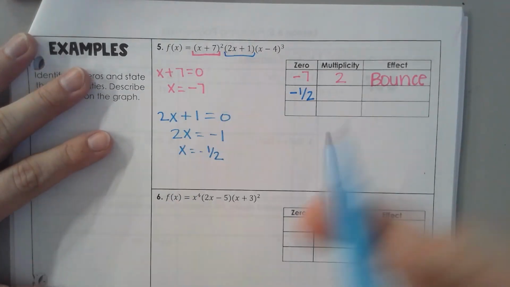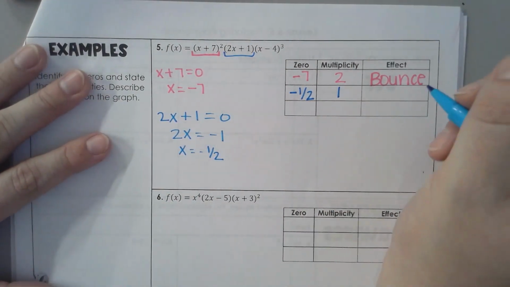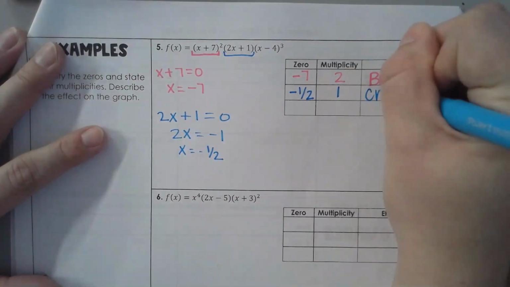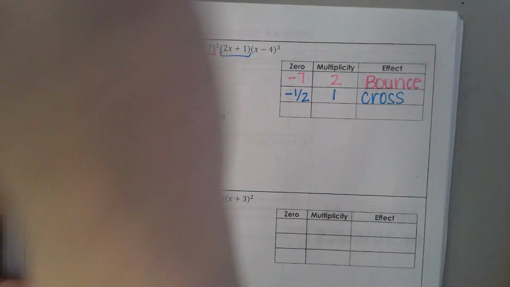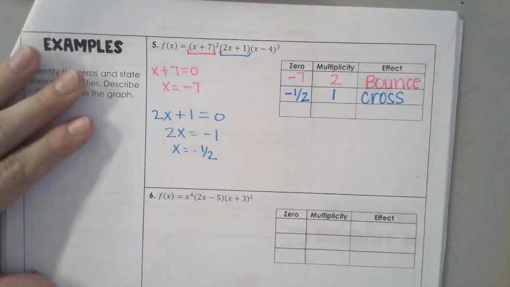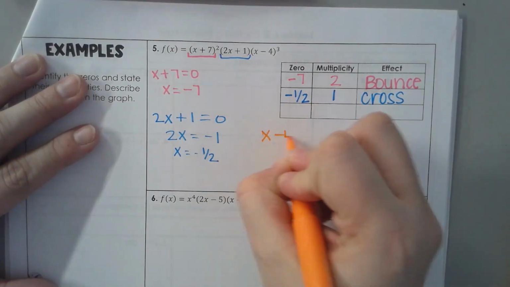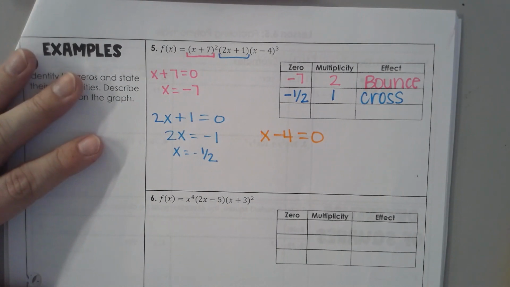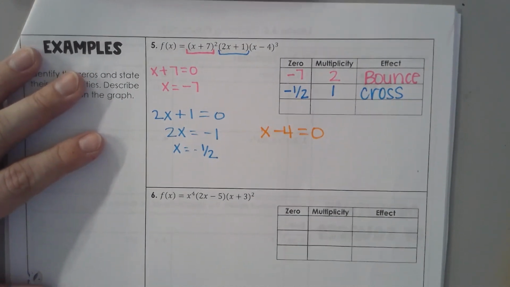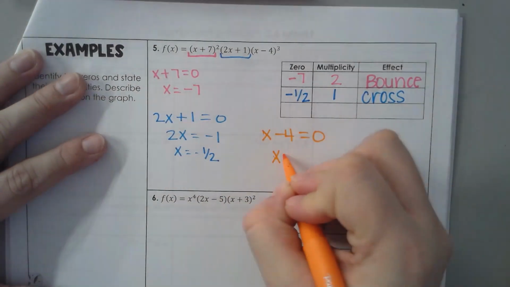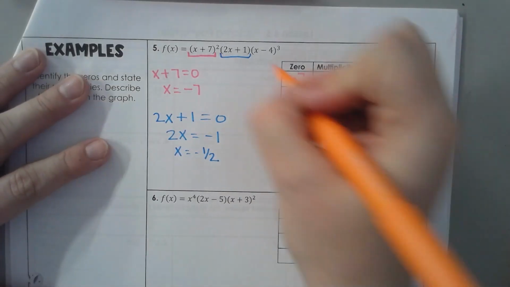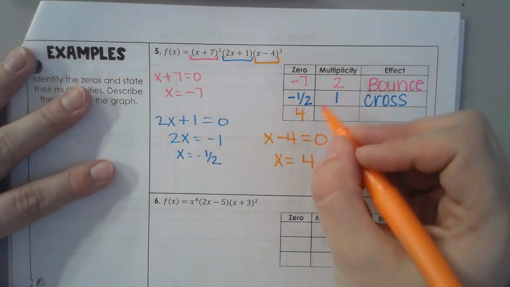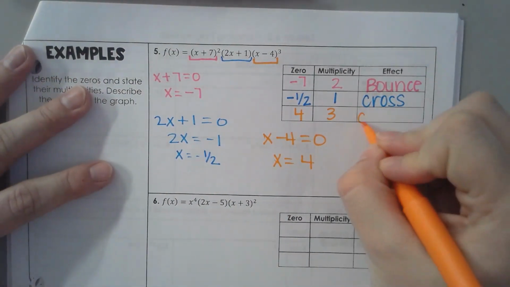If you don't see an exponent, it's 1. Which means that what's going to happen at that x-intercept? It's going to cross. And then I have x minus 4 equals 0. So if I add 4, I get x equals 4. And what's my multiplicity? 3, which means I cross.